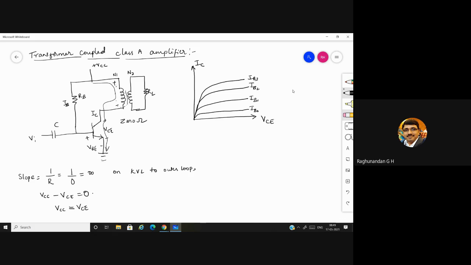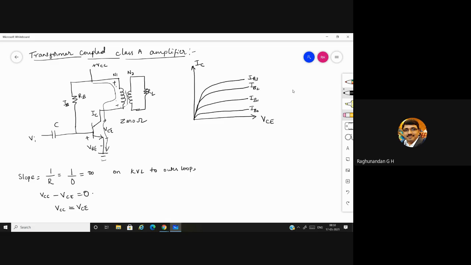What is the method? Using the outer loop equation, we take two cases: in case 1 we put IC equal to 0, and in case 2 we put VCE equal to 0. Yes, good. So we apply KVL to the outermost loop and take two cases. In one case we put IC equal to 0, in the other case we put VCE equal to 0.